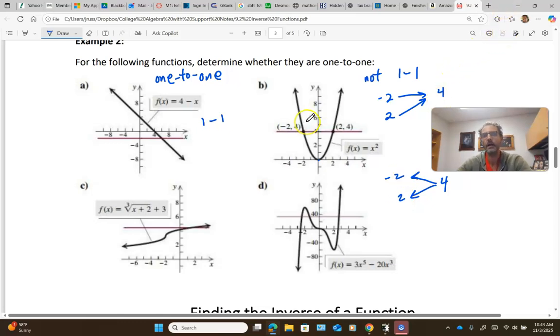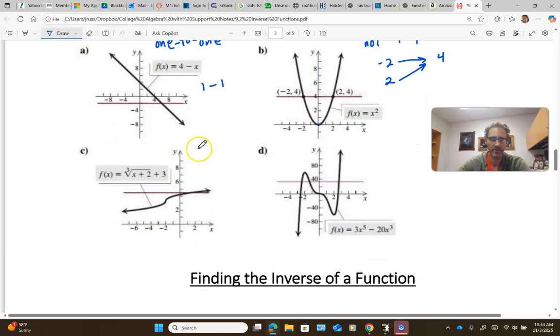And so typically what happens here is with a function like b, you restrict its domain. So instead of considering the entire parabola, you consider only half of it. And if we consider only half of it, then that half will have an inverse that's a function. So anyway, okay, what about part C?